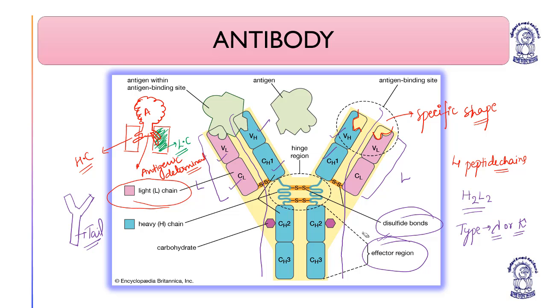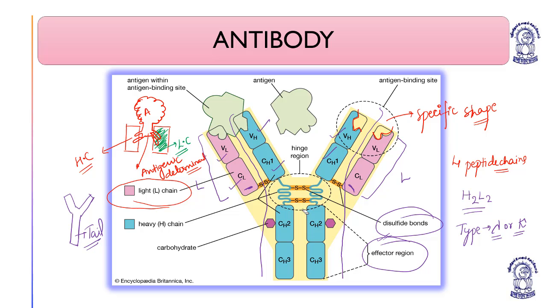You can see that there is a hinge which basically connects the heavy chains of both the sides. Now, the disulfide linkage helps to connect two light chains with heavy chains. This disulfide linkage is basically helping to connect light chain to heavy chain.